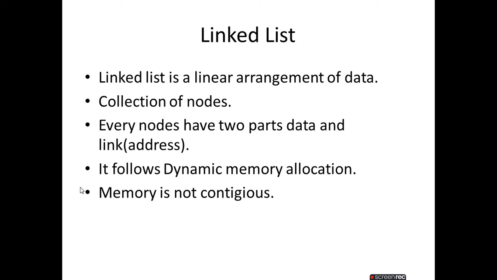For example, take an array. Say the zeroth index has memory address 1000. Then, for an integer array, the next is 1002, and the next is 1004. It is one by one, consecutive, which means contiguous memory allocation.